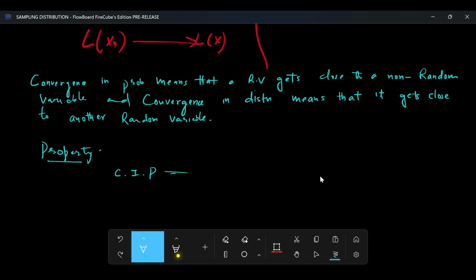And remember, the property is: convergence in probability implies convergence in distribution. If convergence in probability exists, we can directly say convergence in distribution will also exist. If for Xn convergence in probability exists, then we say convergence in distribution exists directly. Also, CIP is much stronger than CID, that's convergence in distribution.